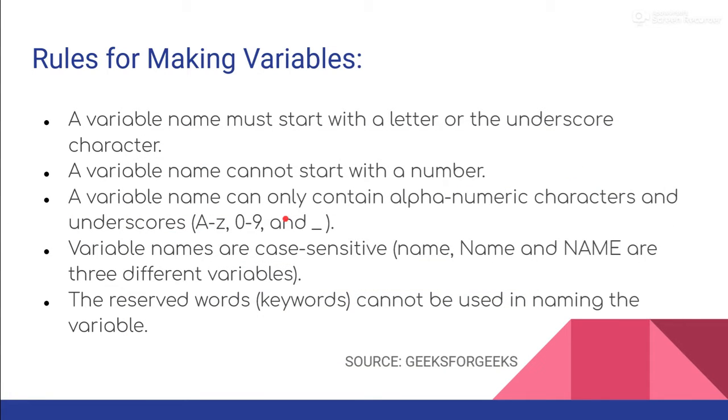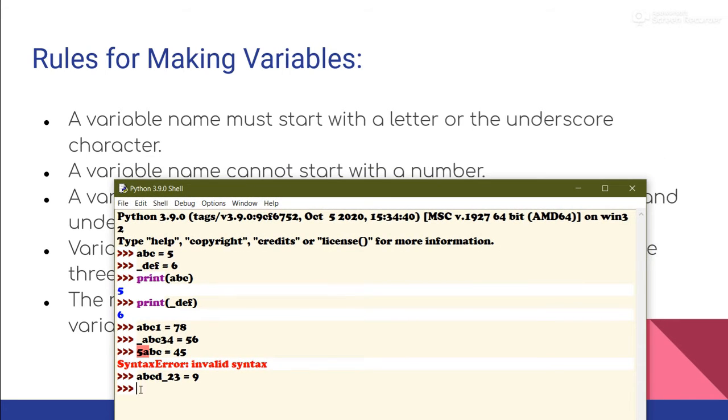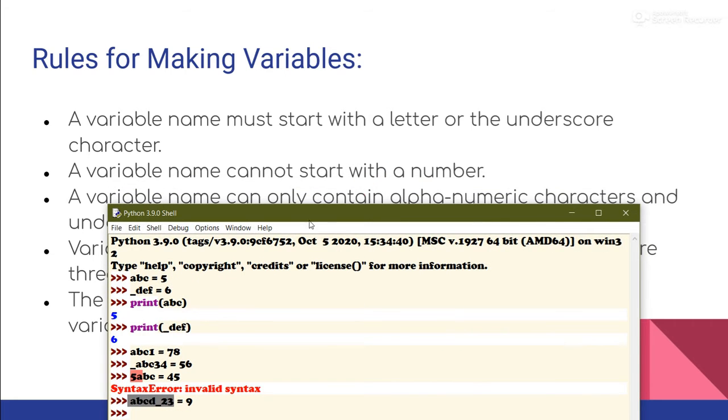A variable name can only contain alphanumeric characters and underscores, that is A to Z, capitals or smalls both, 0 to 9 and underscore. Now if I make a variable, let's say abcd_23, this is perfectly fine, right? Let's just assign any value, let's say 9, and this is perfectly fine because this variable name is starting with a letter and this is not starting with a number.